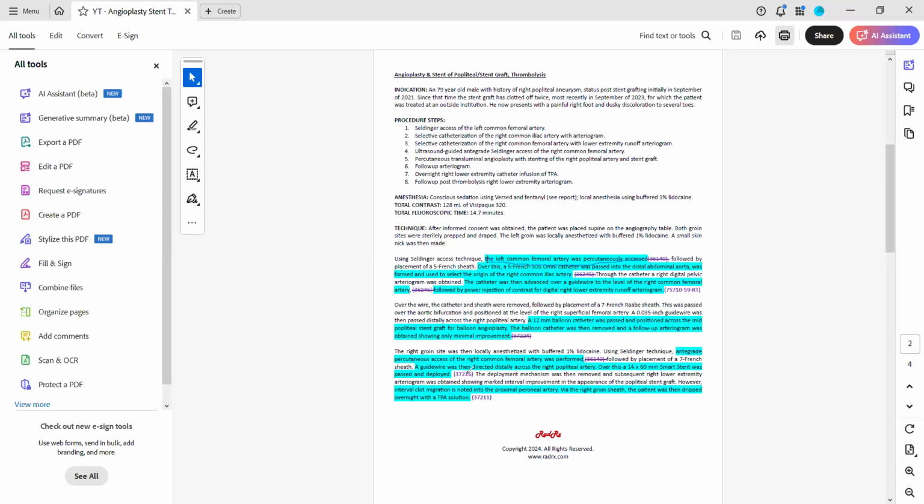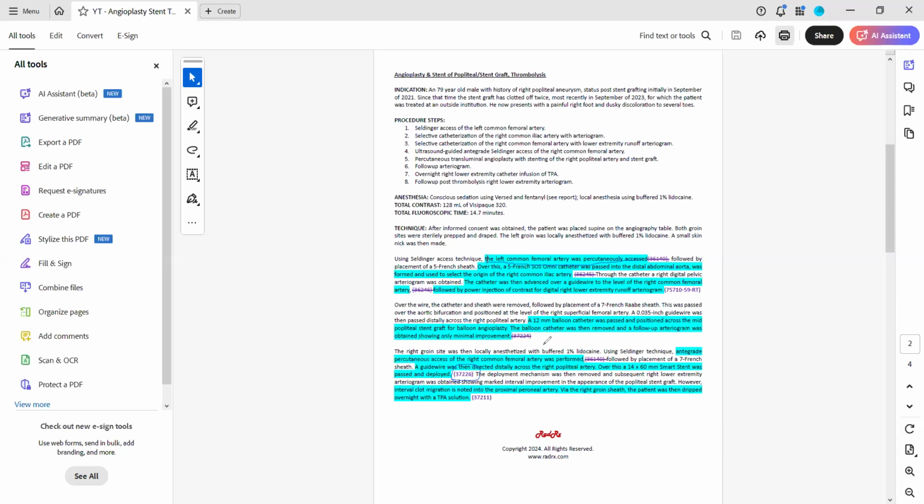That is why you see the 37226 being assigned here for that combined procedure. Now, we did initially start out with a 36140 for that second catheterization, but of course that gets bundled with the 37226. So the same thing that happened here, the catheter work ended up being bundled with this 37224.